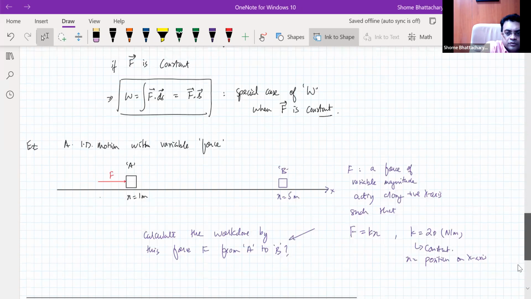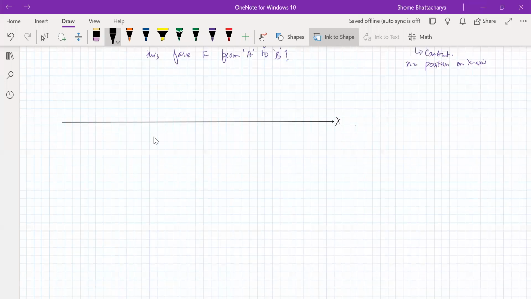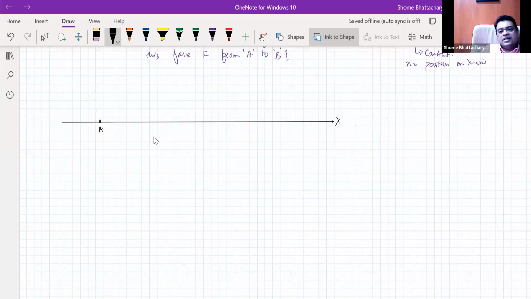From the initial point A, where the x coordinate is 1, to the final point B, where the x coordinate becomes 5. This is our x-axis. Somewhere here is point A. The force was kx, where k is 20 newtons per meter. This is x equal to 5.